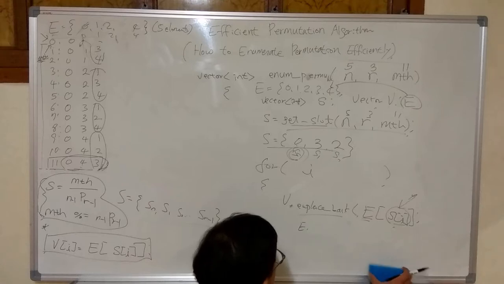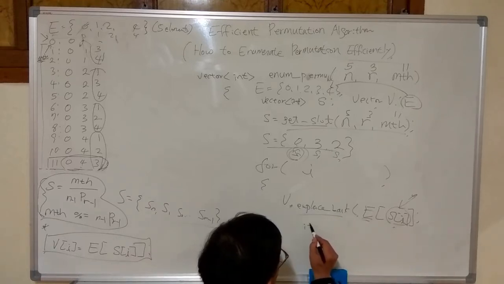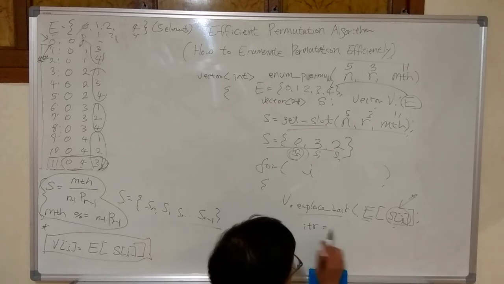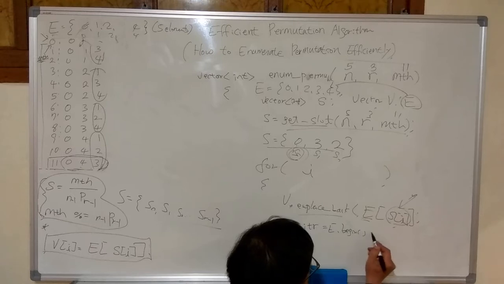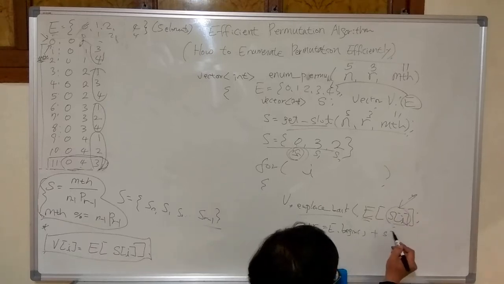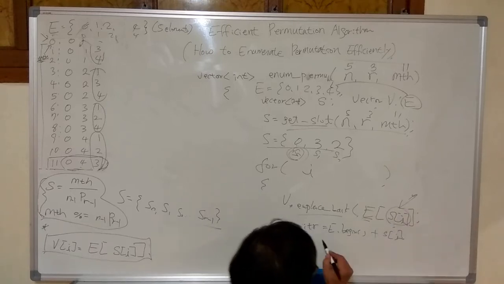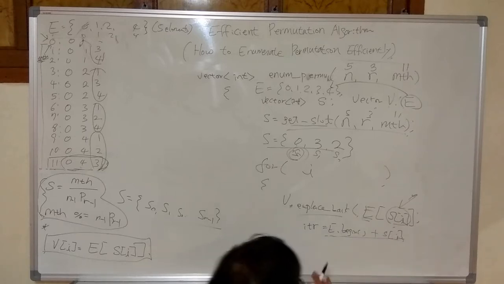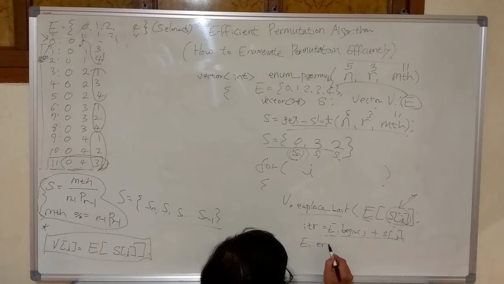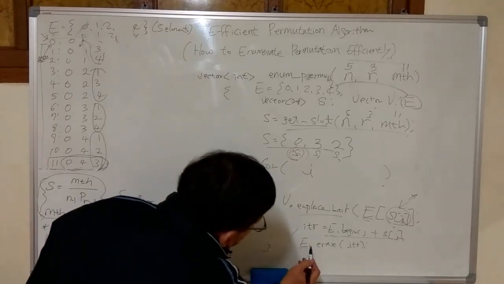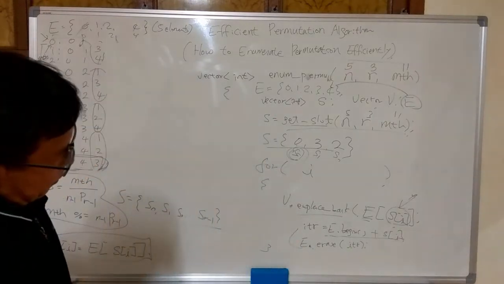Here we calculate the index to delete. ITR, for example, ITR is index E begin plus SI. We are calculating the index. Then we delete E.erase ITR. This way we can erase vector elements.